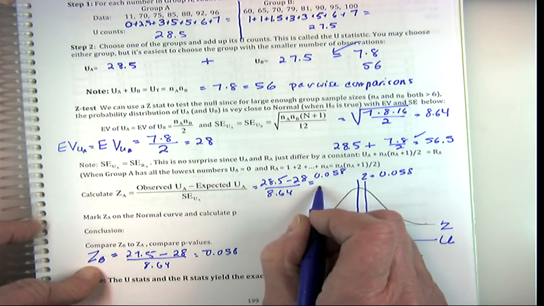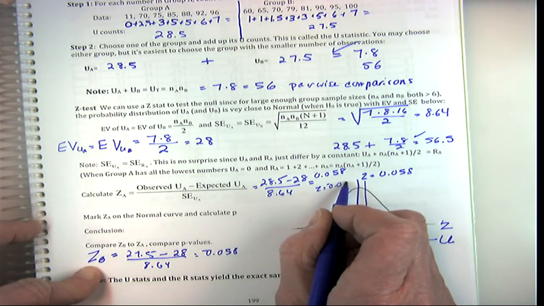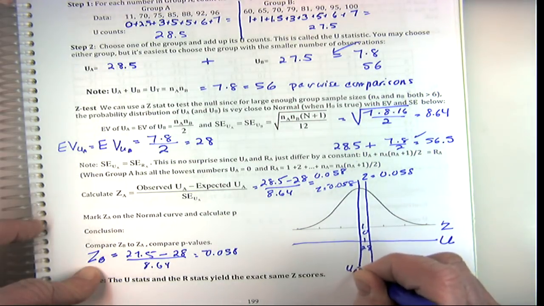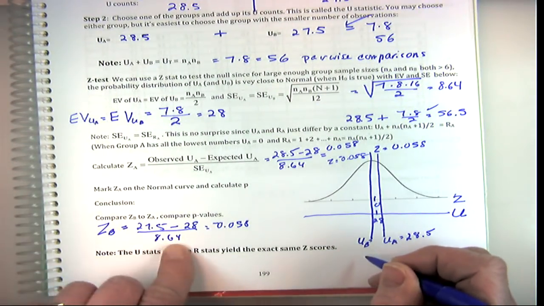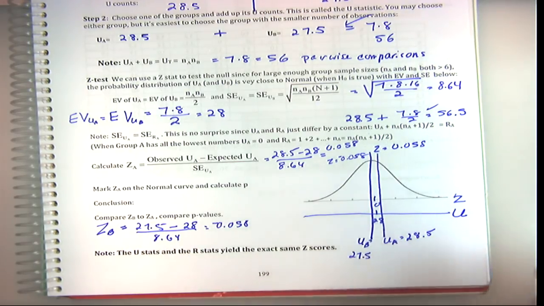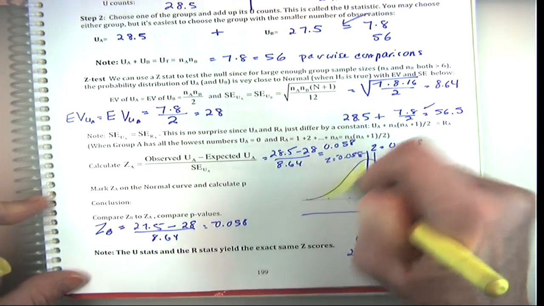So here we get z equals negative 0.058, and that was UB, equal to 27.5.